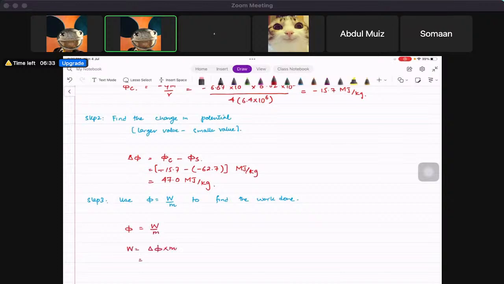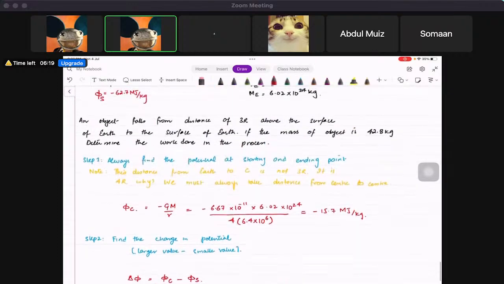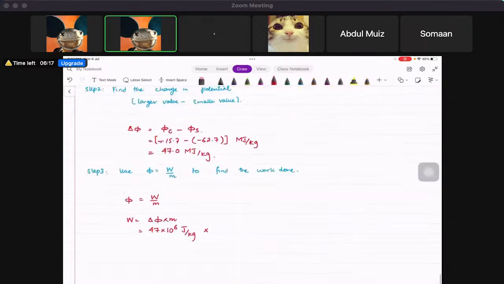The change in potential is 47 times 10 raised to power 6, so I've changed it into joules. Times the mass of the object that's falling, which was 42.8 kilograms. Using the calculator, this will be 2.01 times 10 raised to power 9 joules.